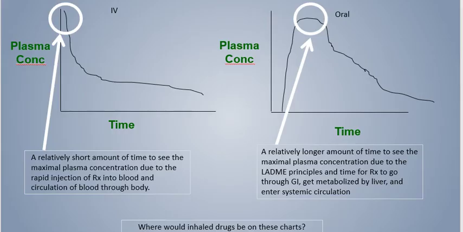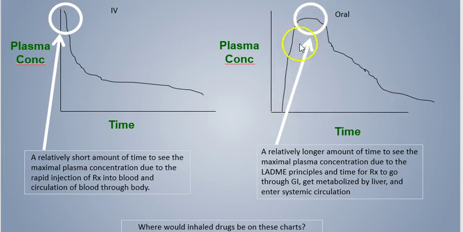And so just to quickly compare and contrast some of our early pharmacodynamic, pharmacokinetic principles, here's your IV administration, where you have relatively short absorption, and you see a really high plasma concentration relatively quickly after administration. And this is in contrast to the oral dose, where you see this lag phase right here.